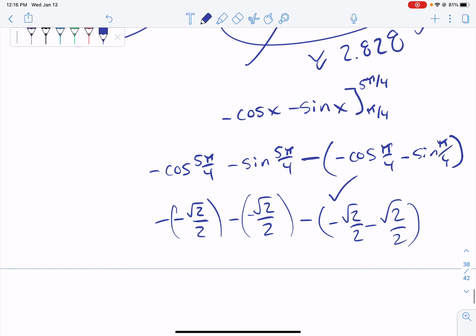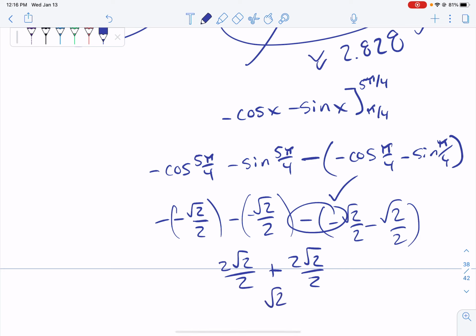We'll be all right because we're minusing a minus. There we go. That's what I'm missing. We've got 2 negatives here. So actually what I end up getting is 2 root 2 over 2 plus 2 root 2 over 2. So I end up with root 2 plus root 2, which root 2 is 1.414. So that makes sense that I'm at about 2.828. There we go. That looks better. I was thinking those were going to cancel each other out, but we've got the double negative.